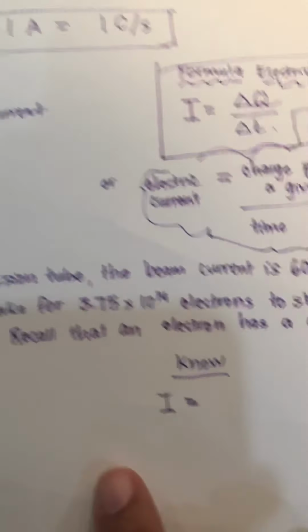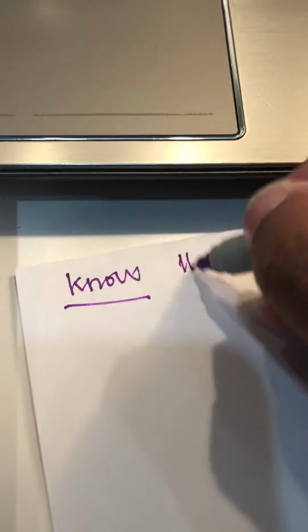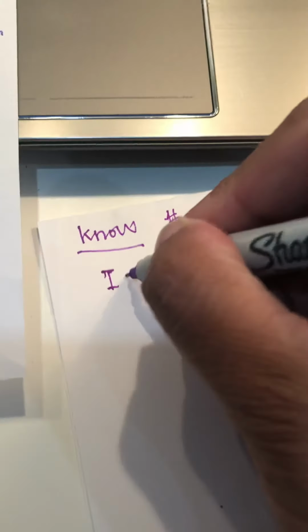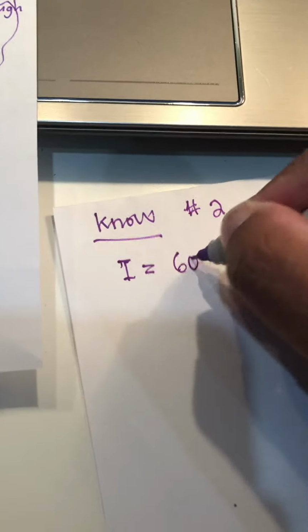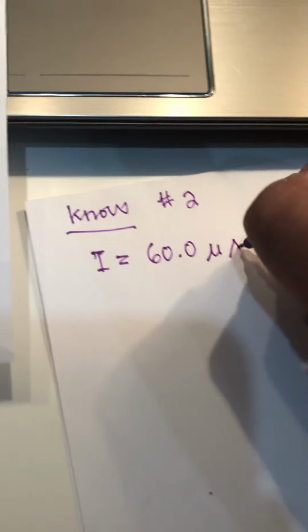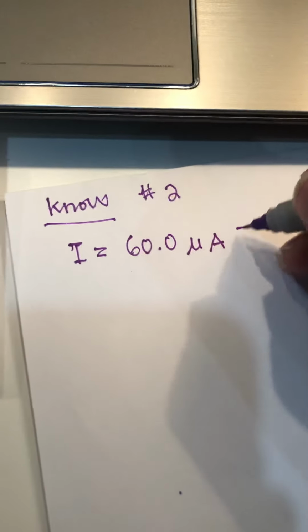So we're going to talk about what we know. I've run out of paper, so I'm going to move over to another paper and write down my variables from this problem. I know that I is equal to 60.0 microamps. But I'm going to have to change that in order to work the problem out.